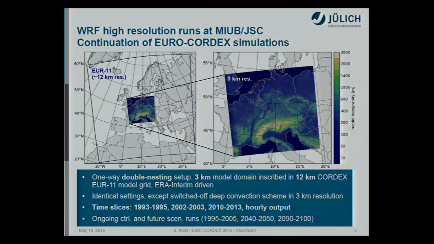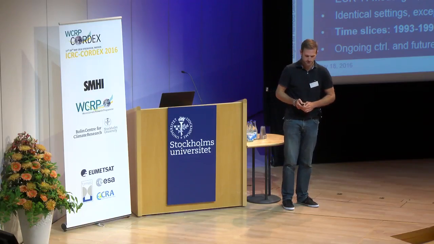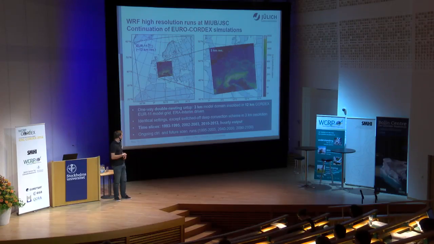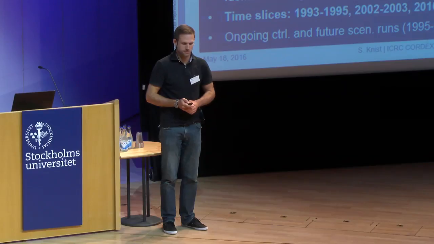And we run with the same setup for both simulations, so the driving and the high-resolution domain, except for the switched-off convection scheme in the 3-kilometer resolution. And we run for different time slices here, driven by ERA-Interim data, that capture most of the variability of the Middle European climate.